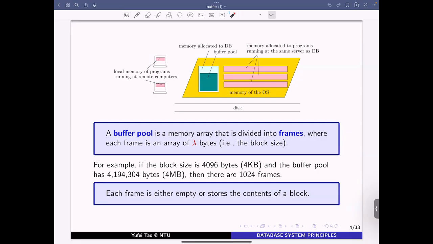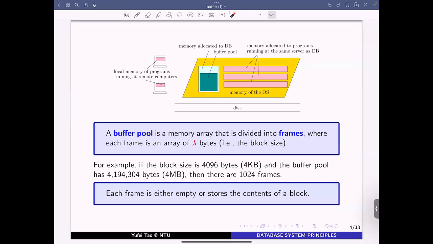But the database system has a lot of use for memory. So as I said, the light blue part is all the memory that the database gets from the OS.